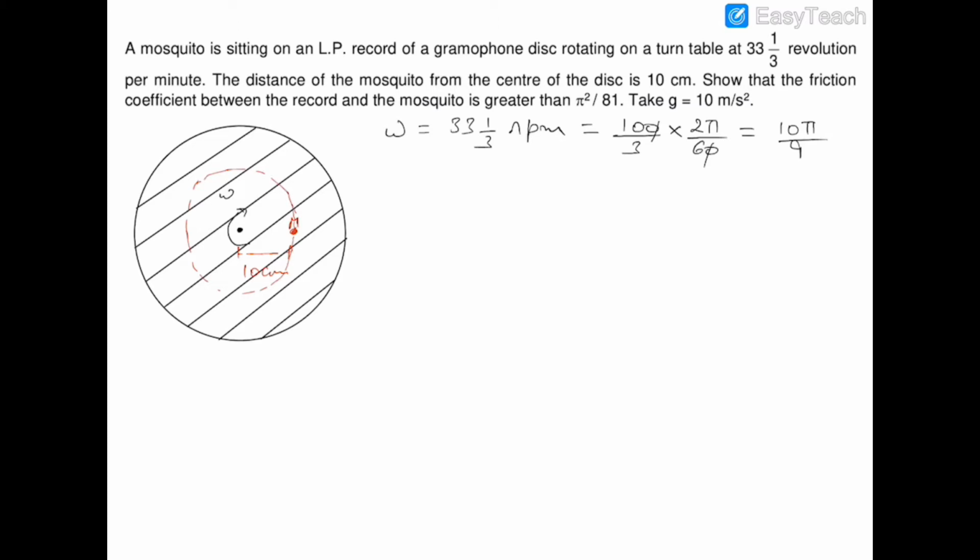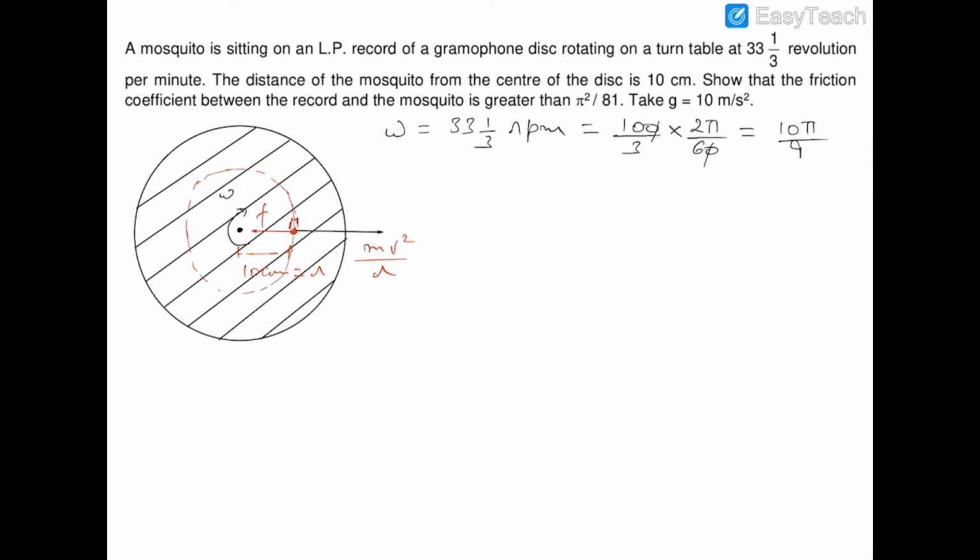Now we can say there is a centrifugal force acting on this mosquito in the outward direction, where r is this radius, and this mosquito is able to rest with respect to the disk because the friction force will be acting on it in the inward direction. This is the friction.